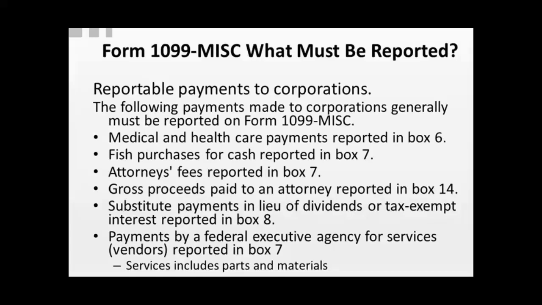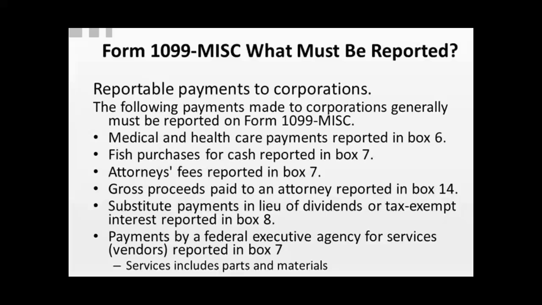This includes medical and healthcare payments that are reported in Box 6, fish purchases for cash reported in Box 7, attorney's fees reported in Box 7. Now, the Box 7 here is referring to non-employee compensation in each case. So just keep in mind that those items will be flowing back over to the 1099-NEC for 2020.